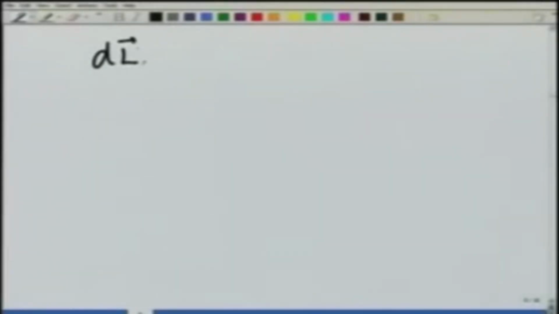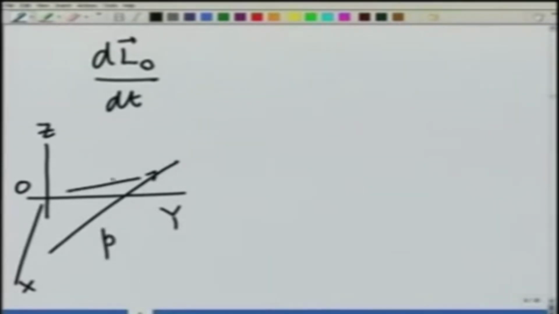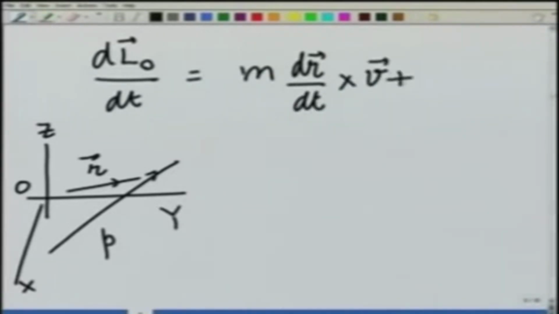So, what we have obtained is dL with respect to O by dt, where let me just remind you that I have an origin O, x, y, z, particle is moving like this with momentum p, this is r, is equal to m dr/dt cross v plus m r cross dv/dt.